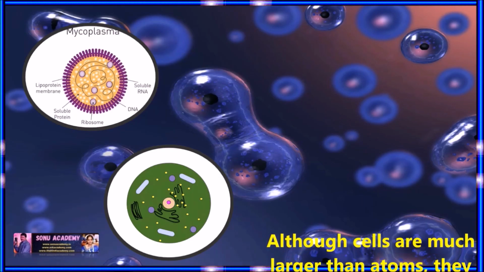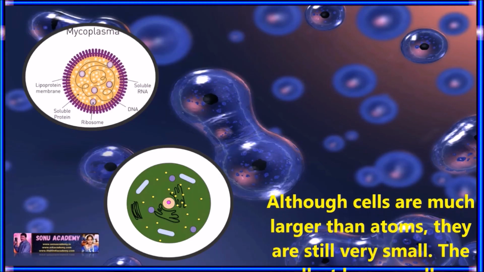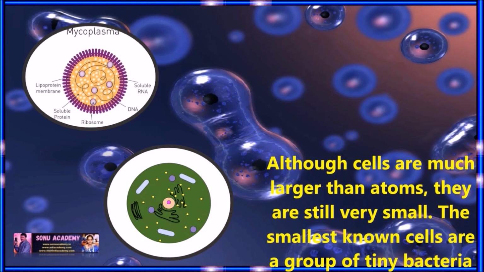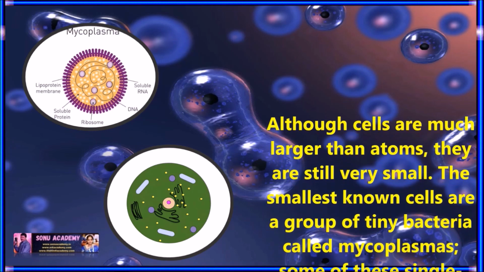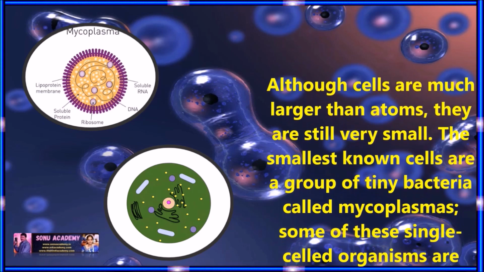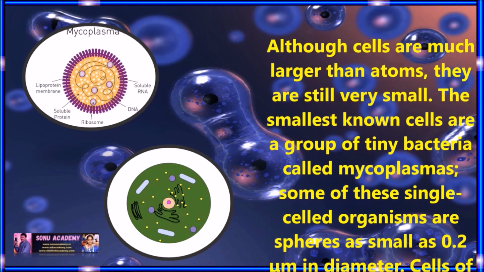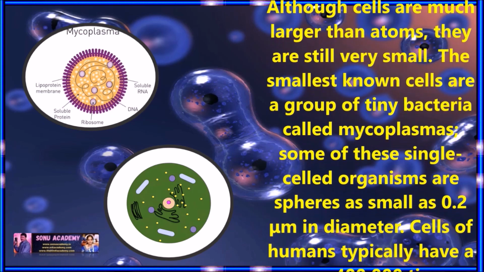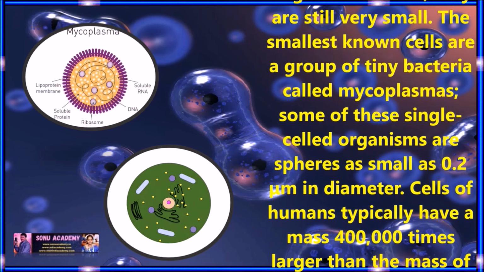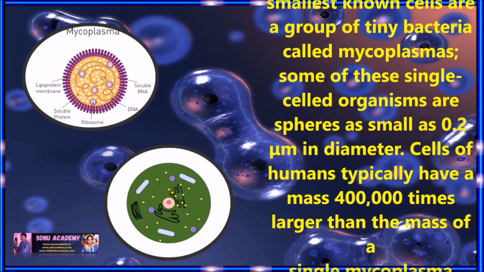Cells are much larger than atoms. They are still very small. The smallest cells are a group of tiny bacteria called mycoplasma. Some of these single-celled organisms are as small as 0.2 μm in diameter.